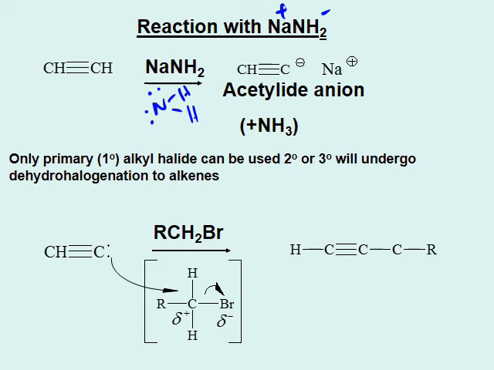So that's NH2 minus. You can always double check. Nitrogen has 4 electrons solely on itself, and it gets 2 electrons from the shared bond. So it has 6 electrons.